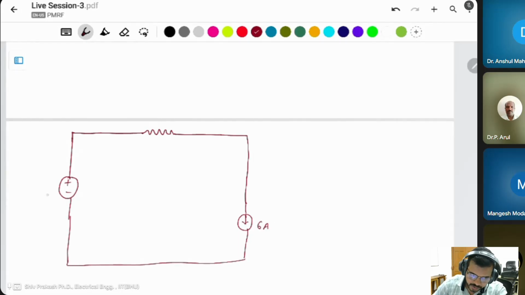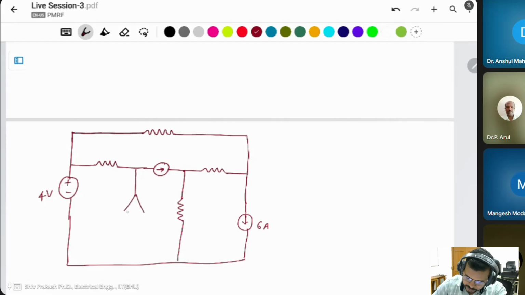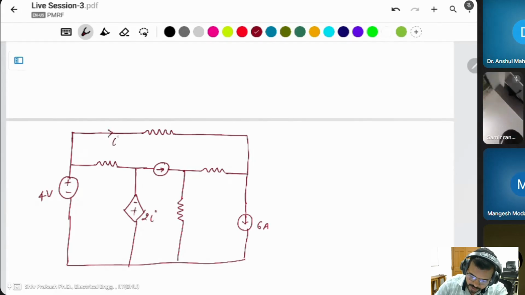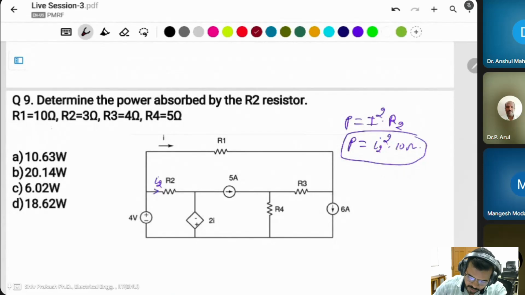There is a 6 ampere current and 4 volt source, then a resistor, then a current source, then another resistor, then a dependent voltage source, 2I, where this current is I. R1 is 10 ohm, sorry, R2 is 3 ohm, not 10.